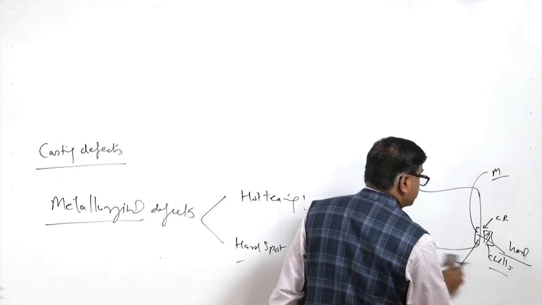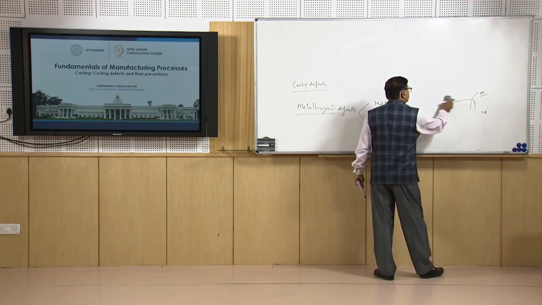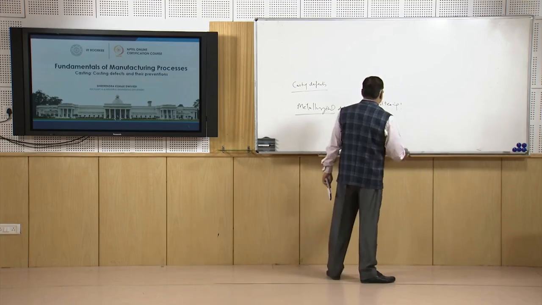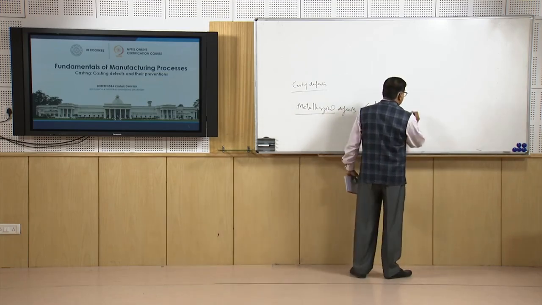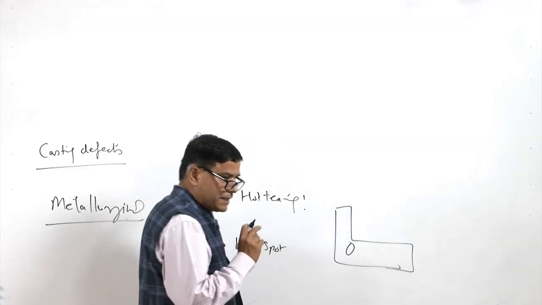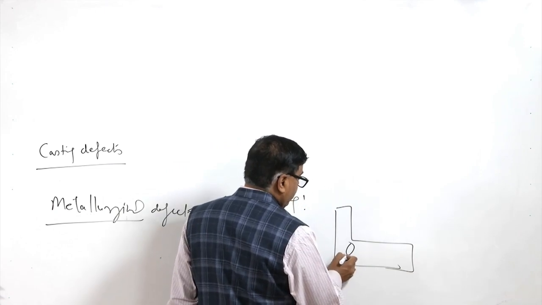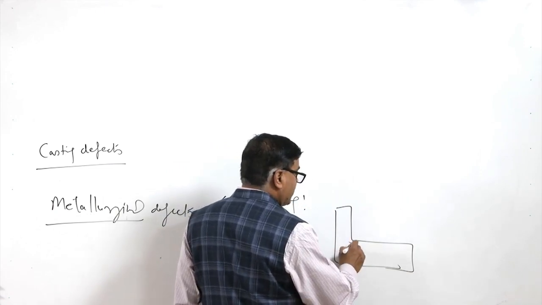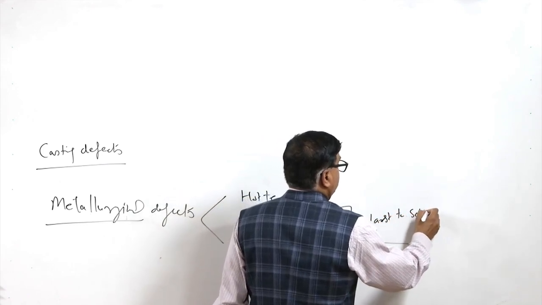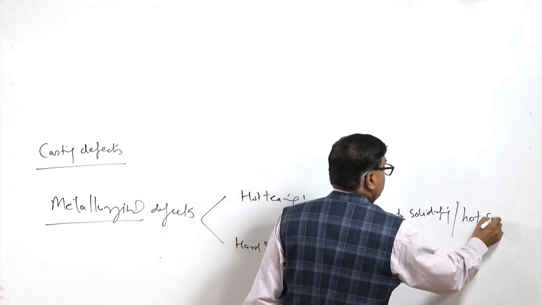These hard spots are difficult to machine, and these chills are used at the location where the shrinkage cavities will have a tendency to form. Especially in castings like this, this is the area where there is a tendency for shrinkage cavity formation, meaning this is the region last to solidify, basically the hot spot.